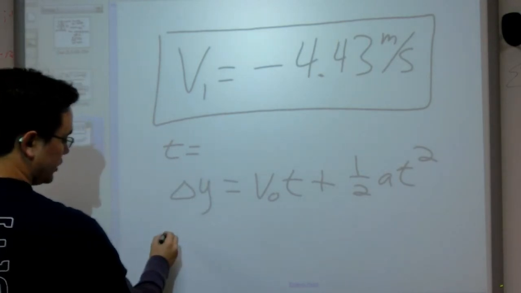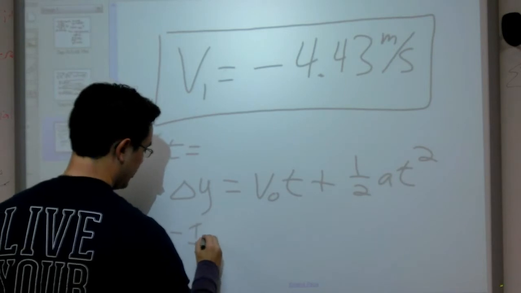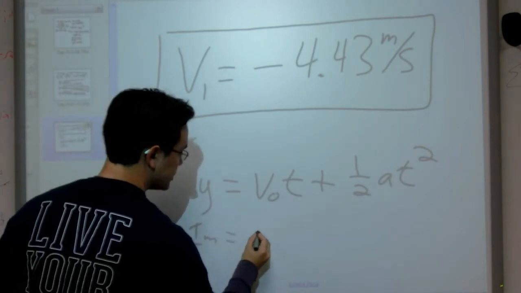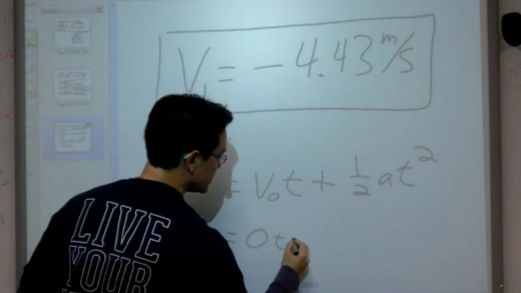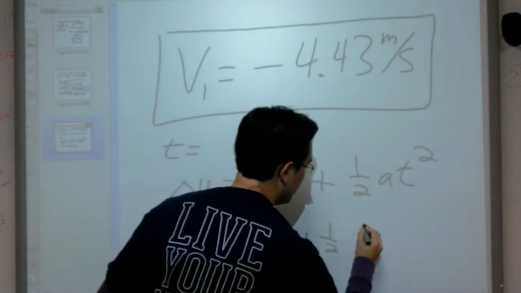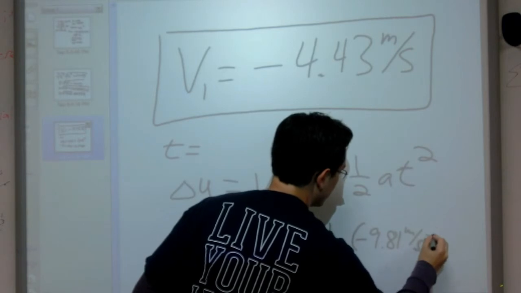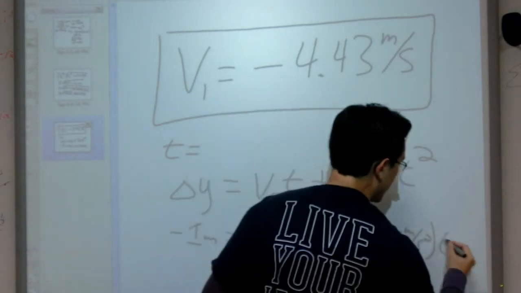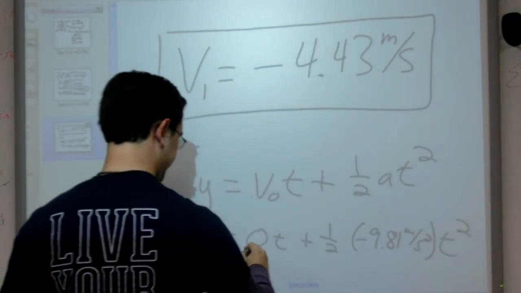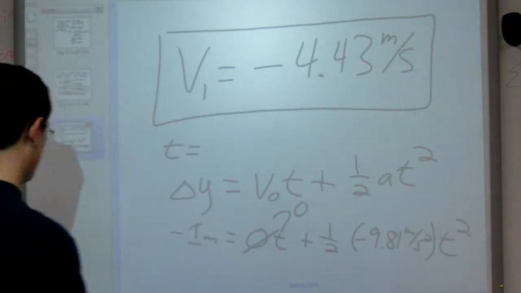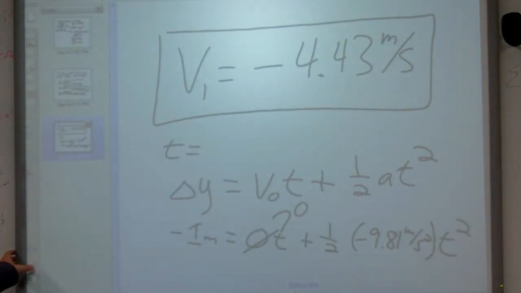All right, so we know our delta y, it was -1 meters equals 0 times time plus 1/2 -9.81 meters per second squared times time squared. That whole thing goes to 0. Let's see.